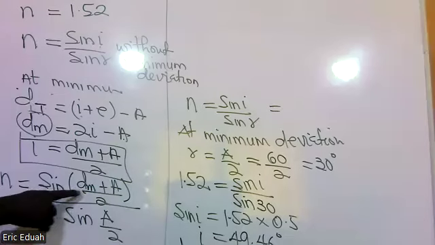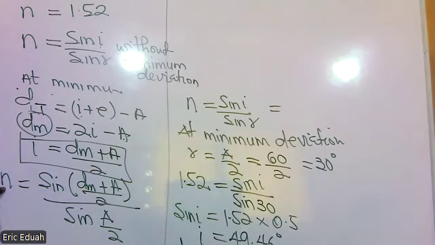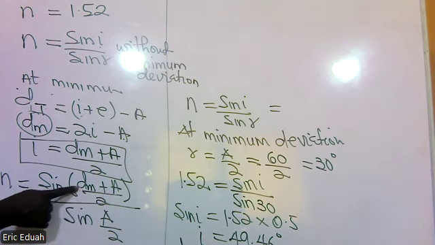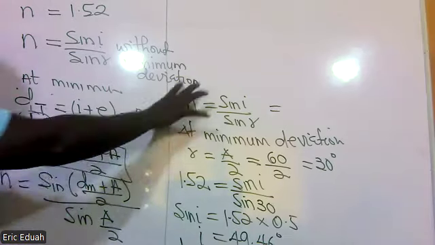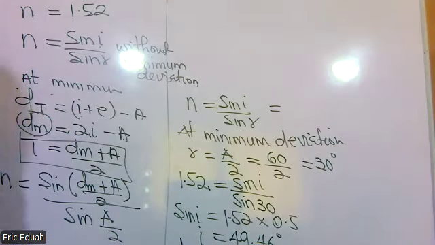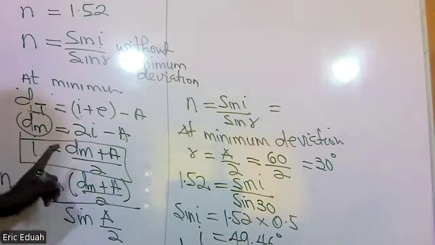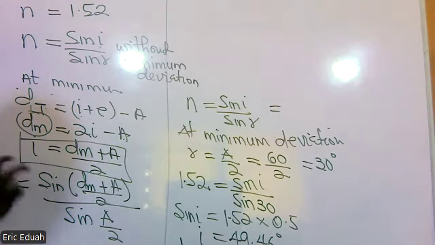You will need this. This is given as 1.52. A we know, and this is what you are looking for. So you can also use this. If you understand this, it is easier than using the other one. Though this is also simple.